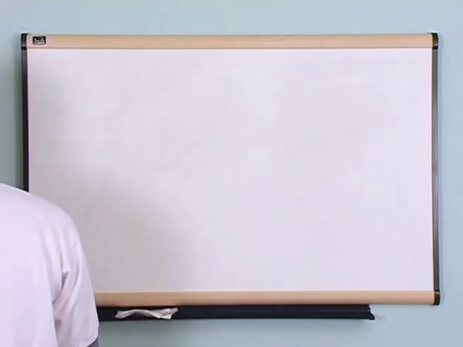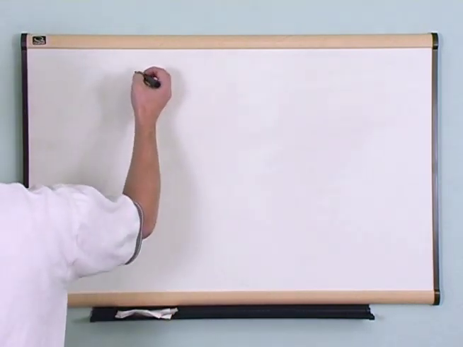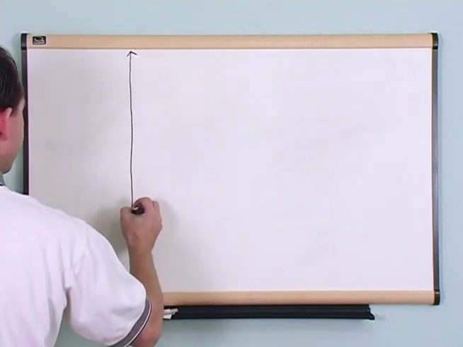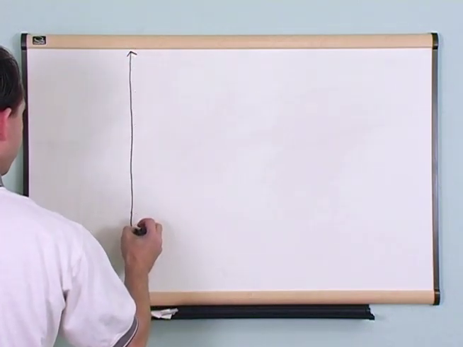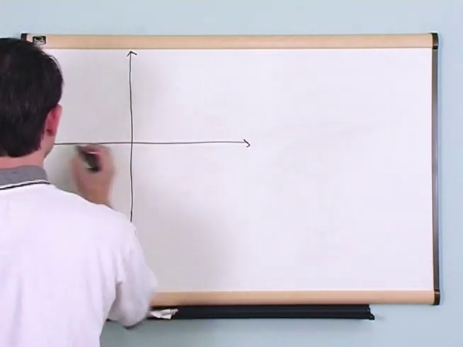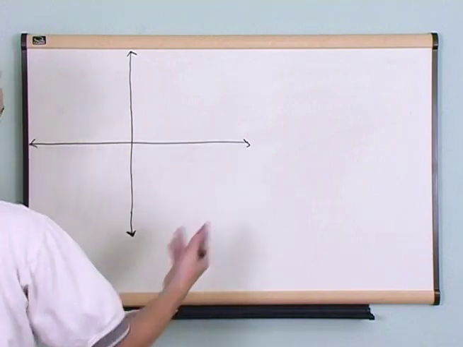Okay. Again, the first thing I'm going to do is draw my coordinate graph again. And again, I'm doing this over and over again, somewhat for your benefit, so that you can see what you do whenever you start a problem.